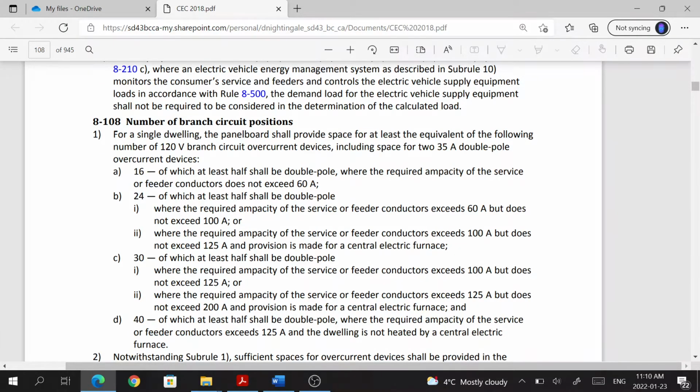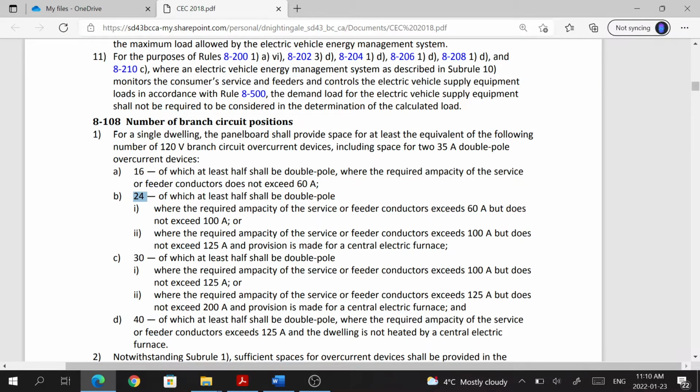The one we're looking at is 24, of which at least half shall be double pole, where the required ampacity of the service or feeder conductors exceeds 60 amps but does not exceed 100 amps.